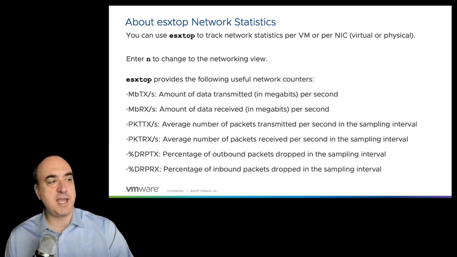You have the PKTTX and PKTRX for your packet counts, both transmitted and received. And there's also PKTSZ, not shown here, but that's the packet size, both transmitted and received. And then there's also the %DRPTX and %DRPRX. Those are your dropped packets. So important metrics are available in the entire networking view.